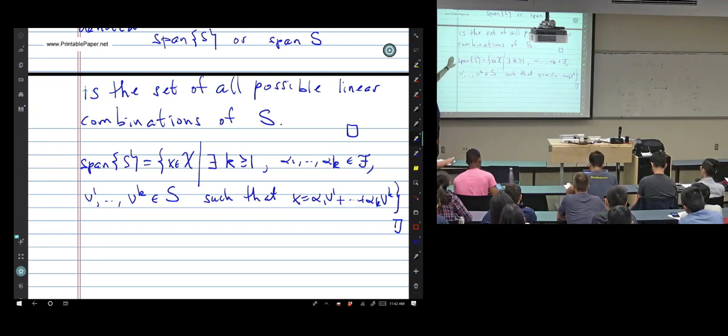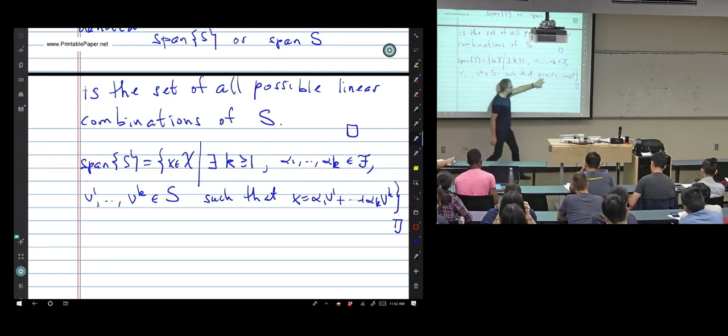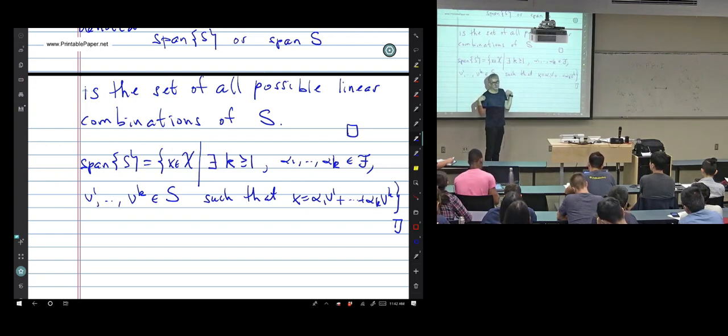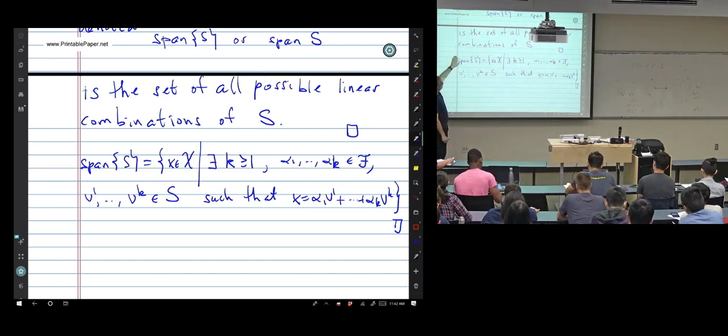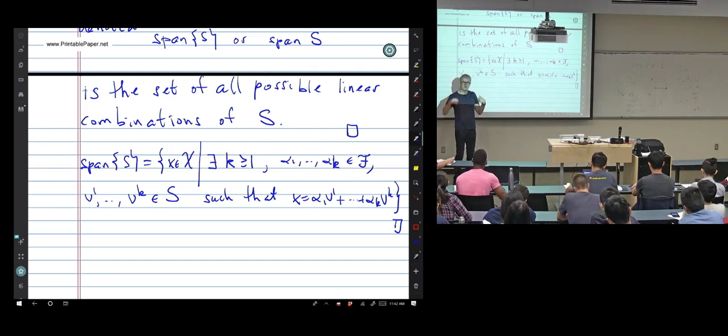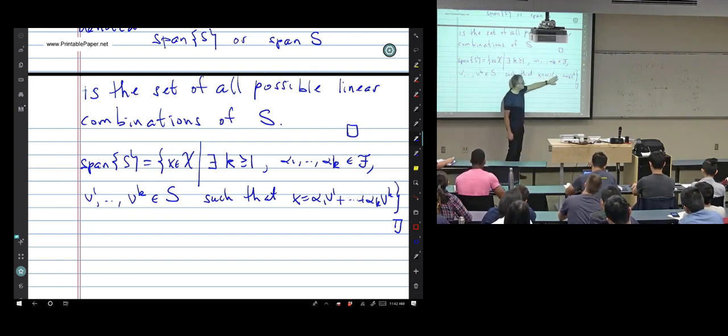Question. Take two vectors now that are in the span and add them together. So I take one linear combination, I add it to another linear combination. What do I get? Another linear combination. Take a vector in the span and multiply it times a scalar.